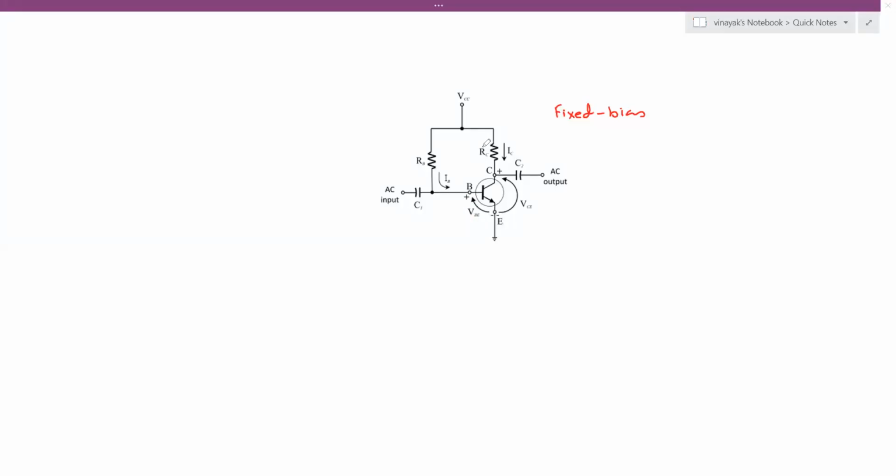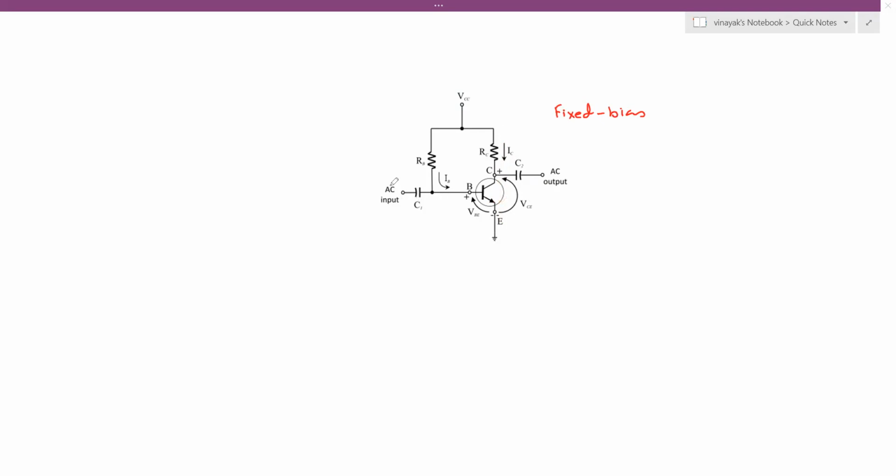And we are using a second resistor RC that will also draw the current from the VCC, and that will flow from collector to emitter all the way. This is an NPN transistor, as the direction of the arrow suggests the current will flow from collector to emitter.